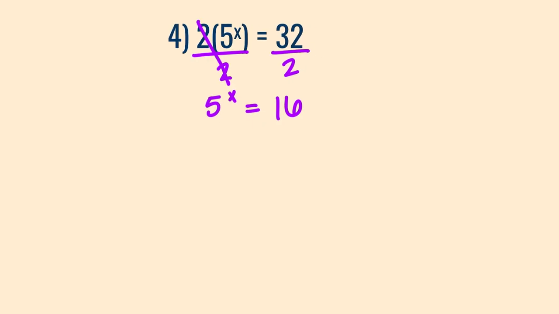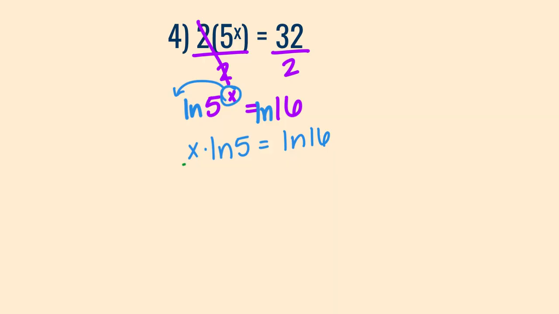And solving for x, I cannot get the same base, so I'm going to go ahead and use ln on both sides. So using ln on both sides, I'm going to go ahead and also move that x to the front. So looking at it, I'm going to have x times ln of 5 equals ln of 16.